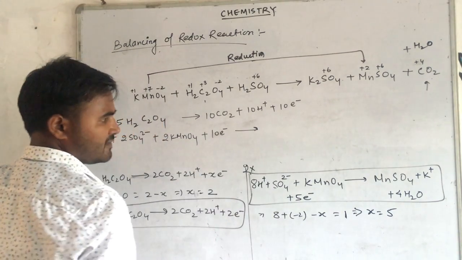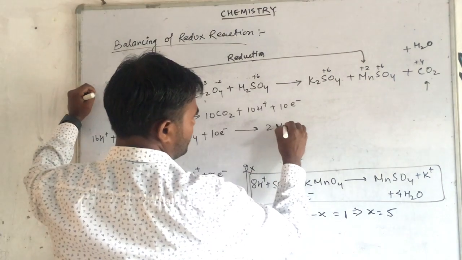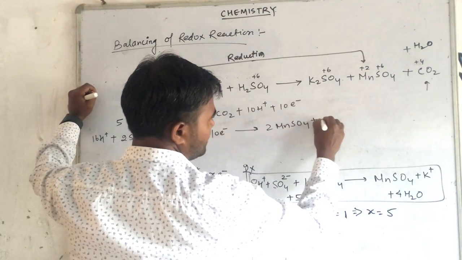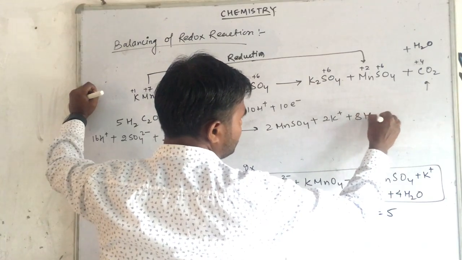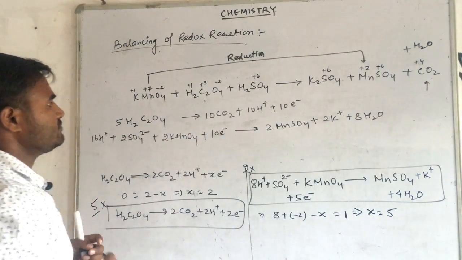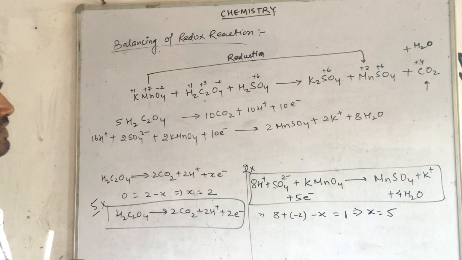And then the product side will be 2 MnSO4 plus 2 K plus 8 H2O. Clear?